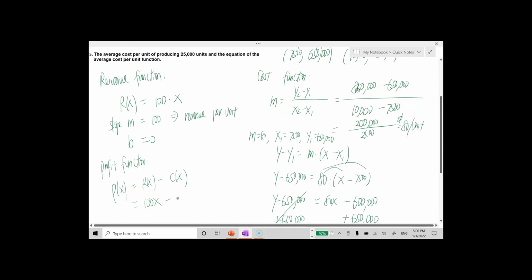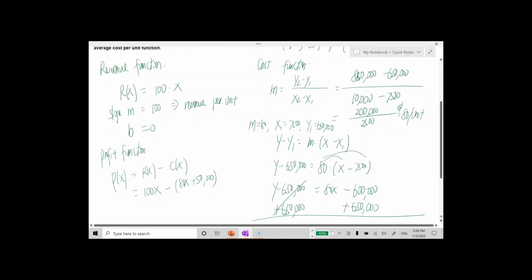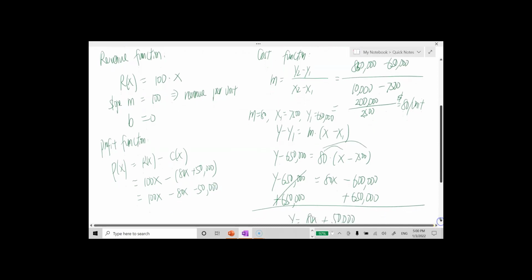And total cost, we already did it, it's 80x plus 50,000. So from here, when we distribute it, we get profit is 100x minus 80x. So here we end up with 20x minus 50,000. So this is a profit function.